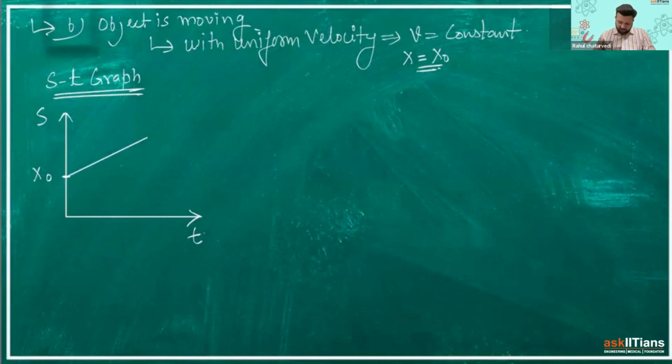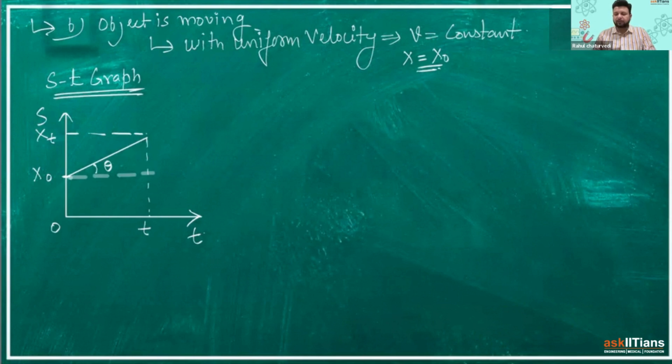So here the graph is making some angle with the horizontal, and that angle is theta, right? And its final position, suppose after some time, is xt. Since its position is changing, after some time t, its position is now xt.